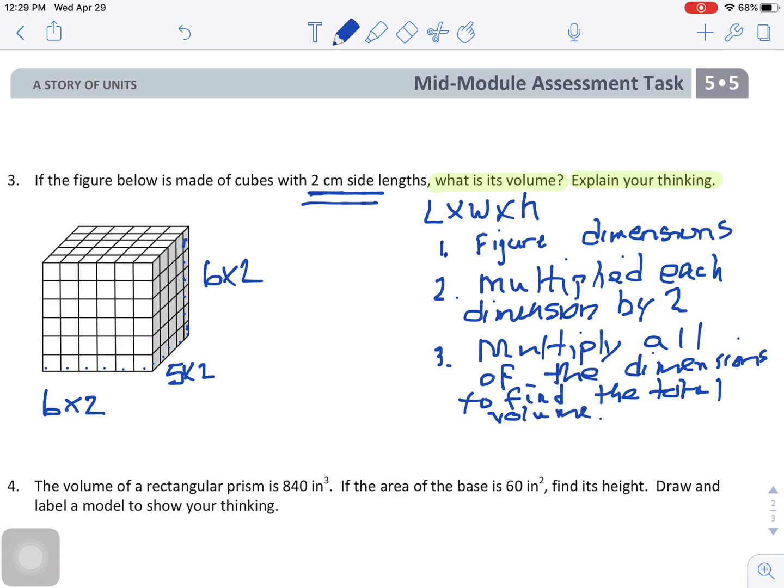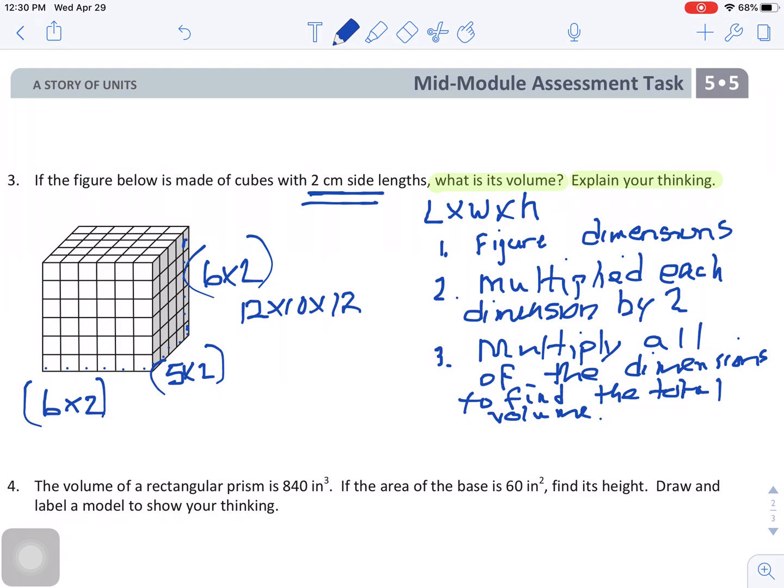Okay, so I'm going to put these all in parentheses, and I'm going to multiply my 12 length times width times height. Again, it doesn't matter which order.